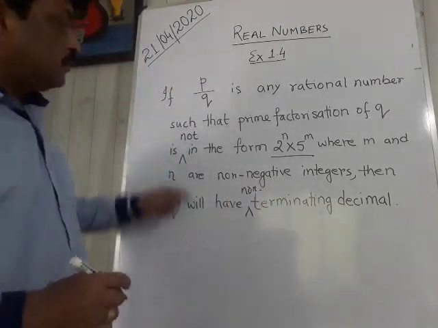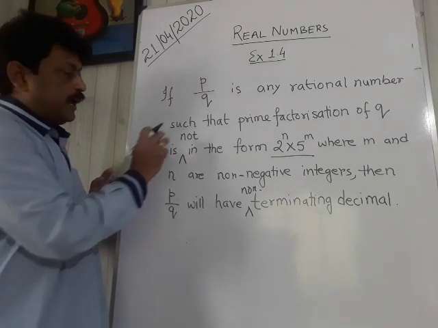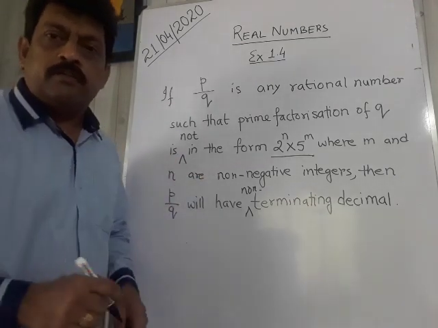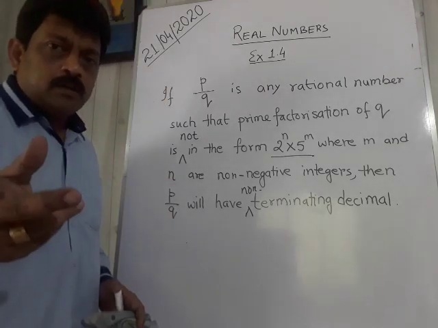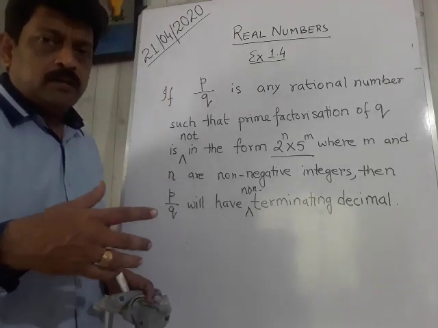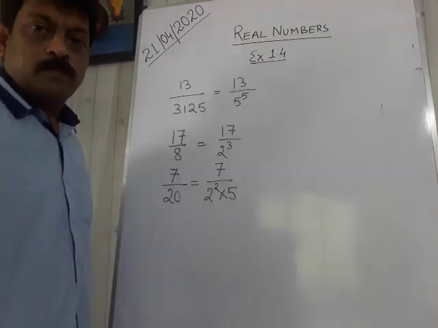So only we have to change this word, we have to add a not, then our definition will be completed. Well, let me give you one example how to check terminating and non-terminating decimals.